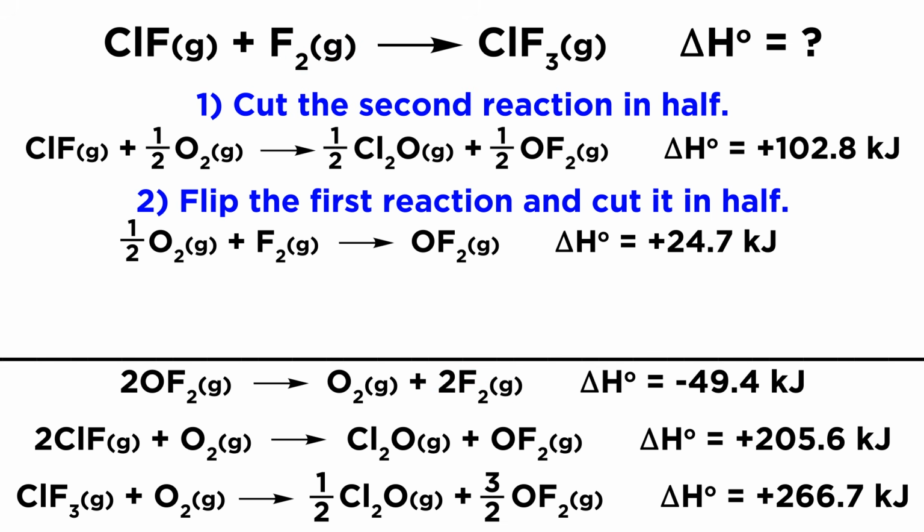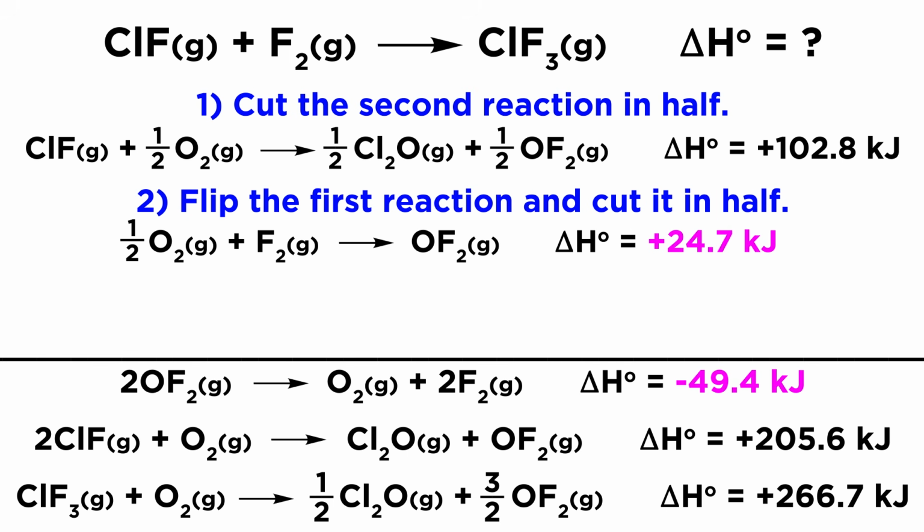So let's do that. Products become the reactants. So O2 as a product becomes 1/2 O2 as a reactant. And then 2F2 as a product becomes F2 as a reactant. And then 2OF2 as a reactant becomes 1OF2 as a product. So we have flipped it and we have cut it in half. And then don't forget, we have to also manipulate the delta H value in the corresponding way.